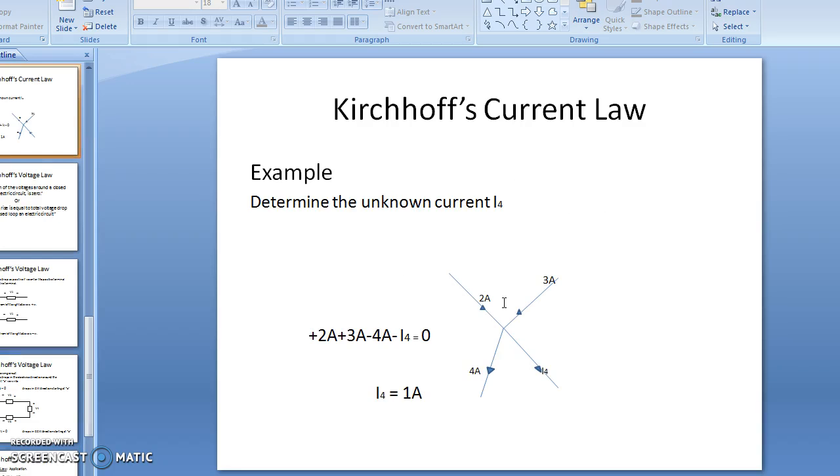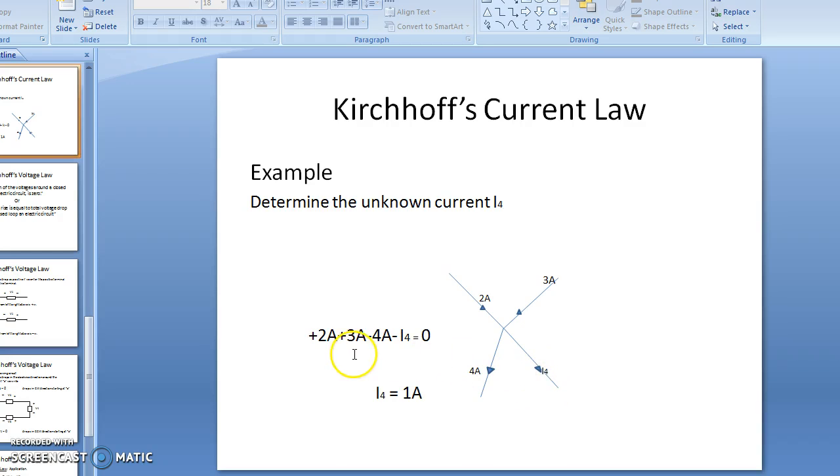Now let us consider one example which explains the use of Kirchhoff's current law to find the unknown current. Considering the same junction, I1 is given as 2 amperes, I2 is given as 3 amperes, I3 is given as 4 amperes, while I4 is the unknown current to be found out.